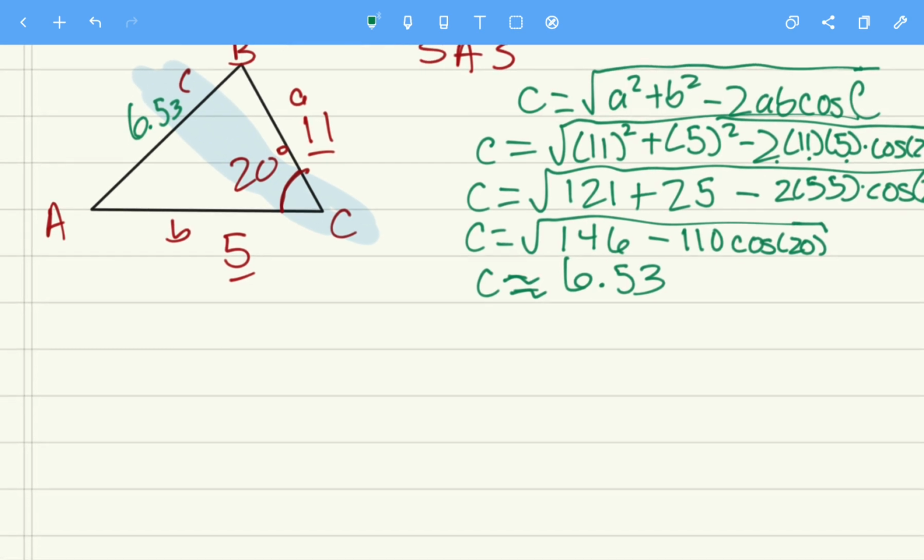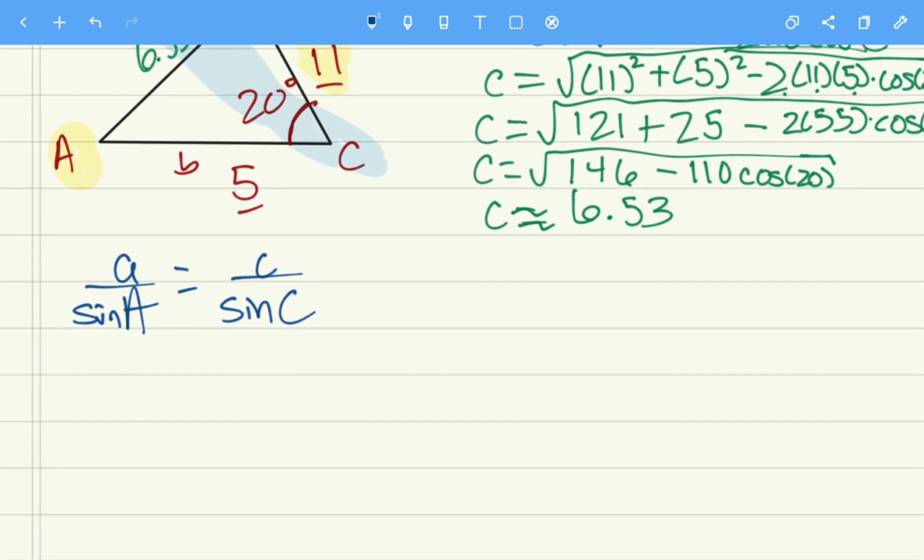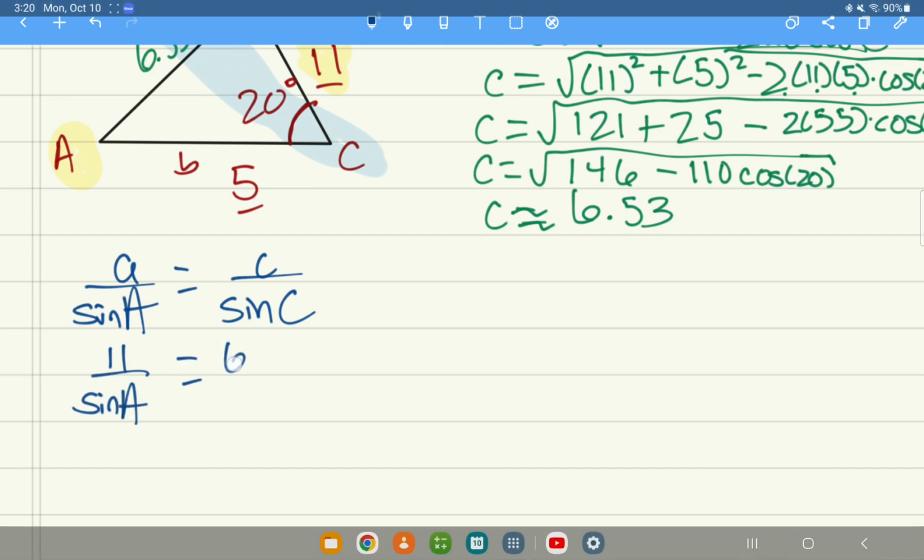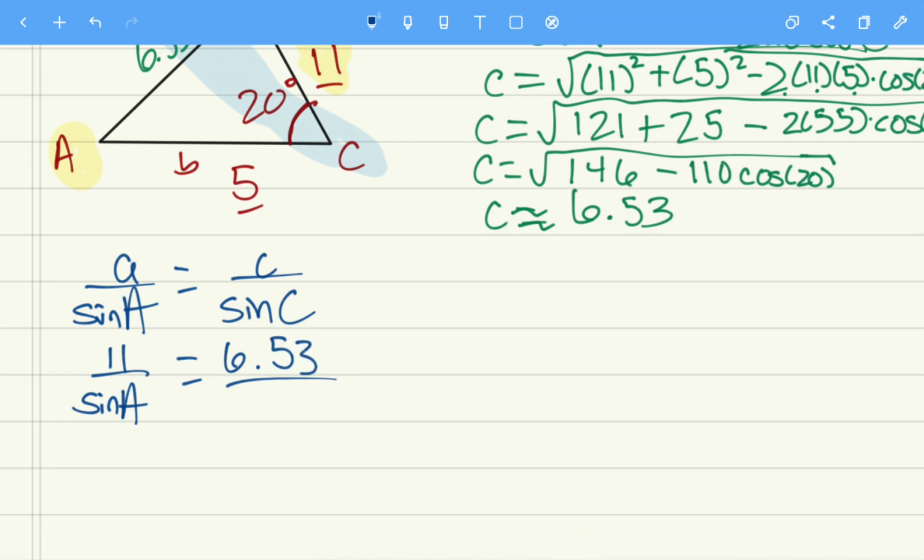Let's just do A. A over sine A equals c over sine C. A is 11, sine of A we don't know. c we just figured out is 6.53.